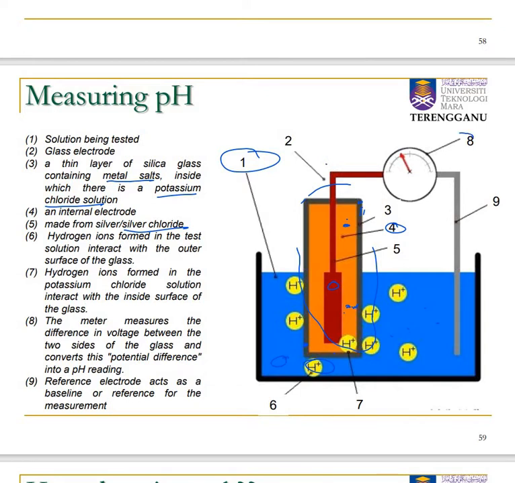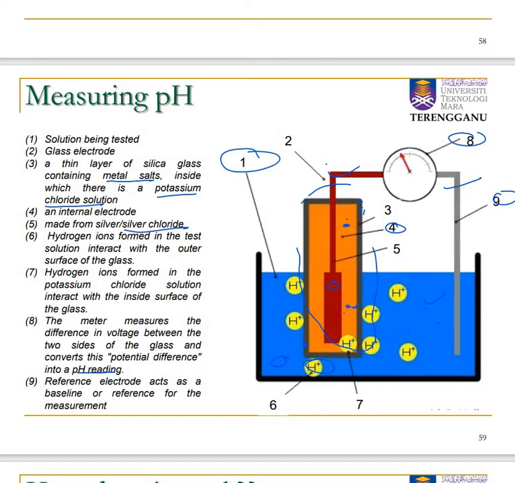So we have a meter to measure the difference in voltage between these two electrodes. After we measure this voltage, we get the potential difference. This potential difference will be converted into the pH reading. Then we can know the pH of this blue solution. Number 9 is a reference electrode. This reference electrode basically is the basis for this electrolysis system.